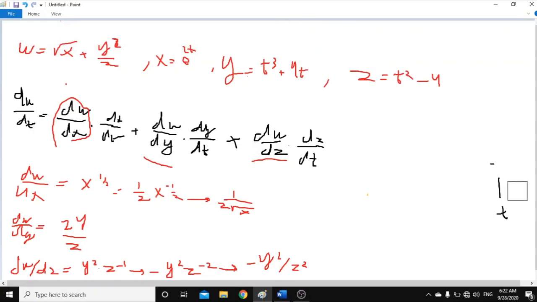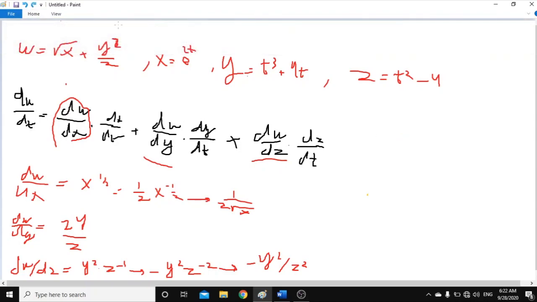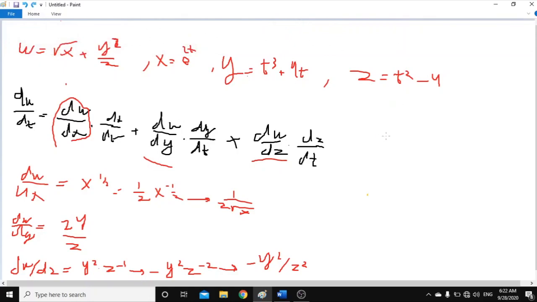Let's continue here. We need to find the derivative of x with respect to t. The derivative with respect to t is 2e to the 2t.